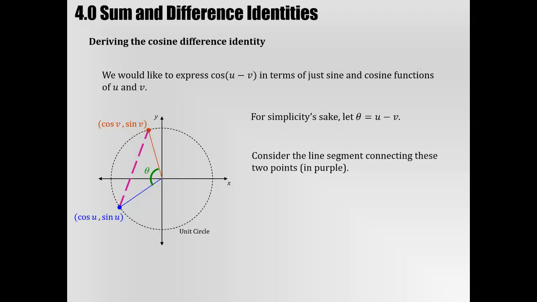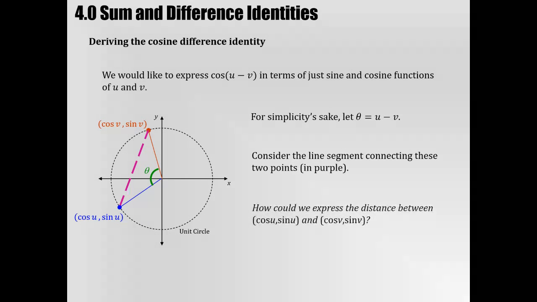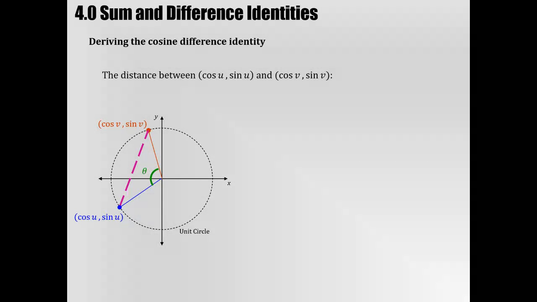So we can figure out the distance of that nice purplish, pinkish line right here. If we go back to the distance formula, hopefully you remember that, it's just the Pythagorean theorem as well. We can figure out that distance. Right here is that purple distance.